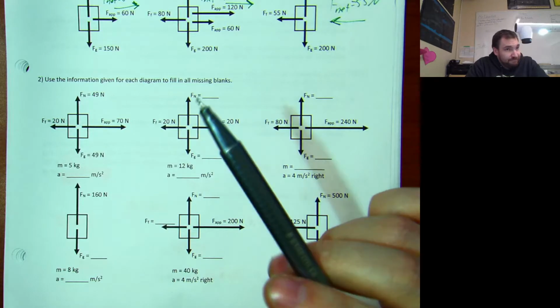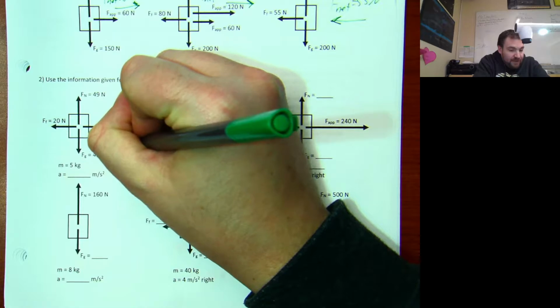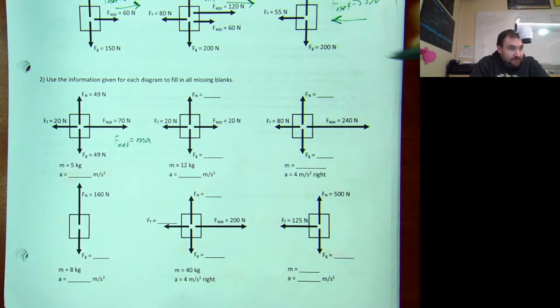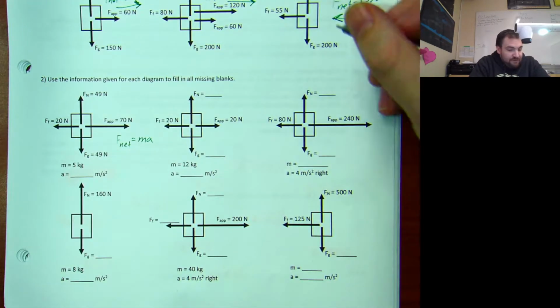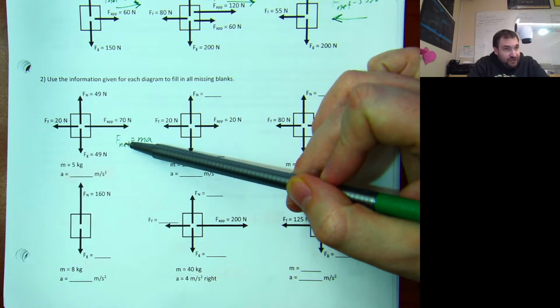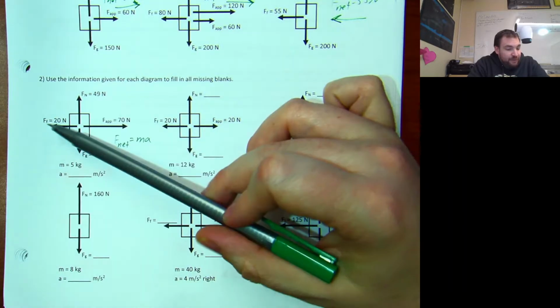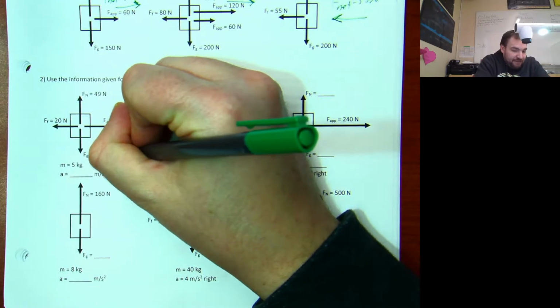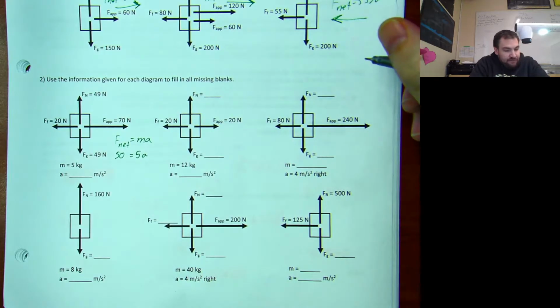Well, we know F net equals ma. So what is the net force? How'd you get it? 70 to the right minus 20 to the left, so F net is going to be 50 newtons, equals 5a. So what's the acceleration?